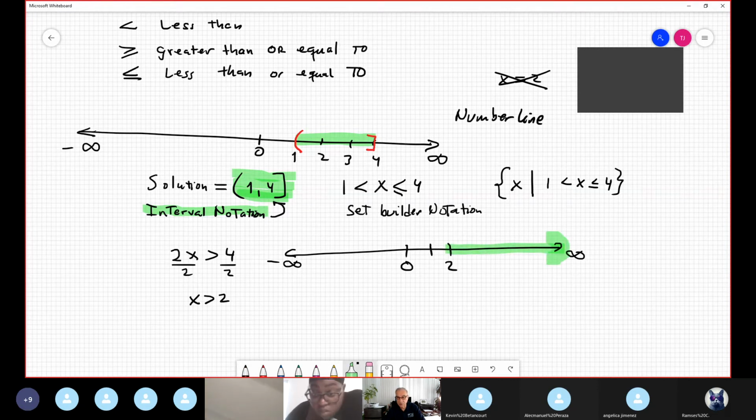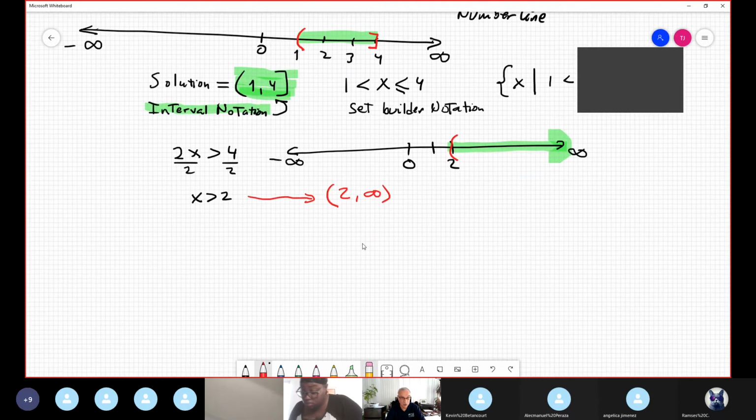It continues forever to positive infinity, not including the starting point. The notation is equivalent to saying from 2, parentheses, infinity, parentheses. When the interval involves positive or negative infinity, we never use a bracket, because infinity is a symbol to indicate that the solution continues forever in that direction. Using a bracket with infinity is a mistake.